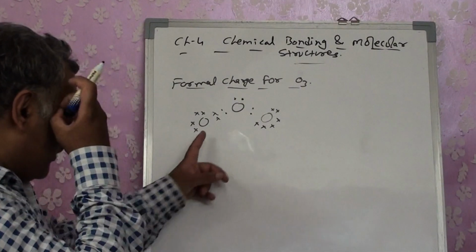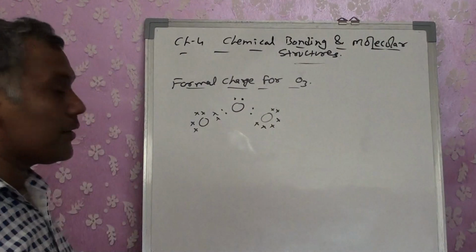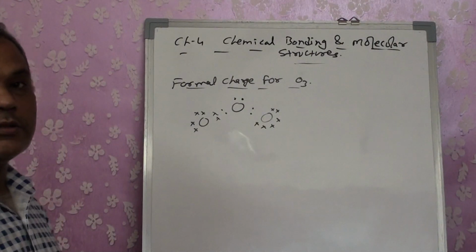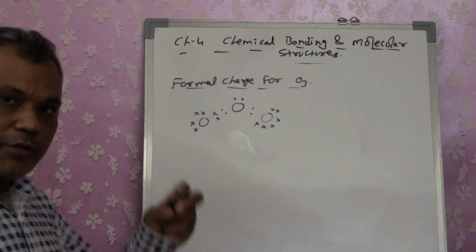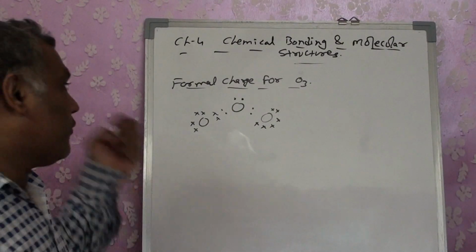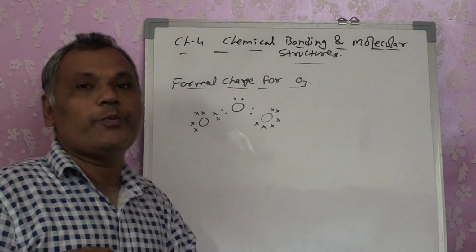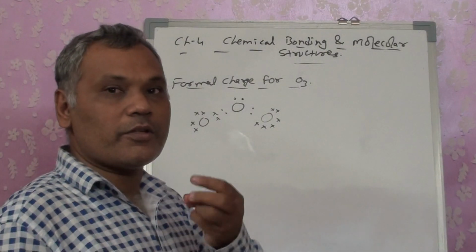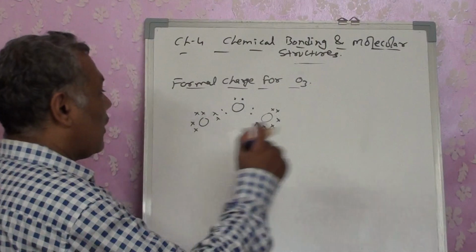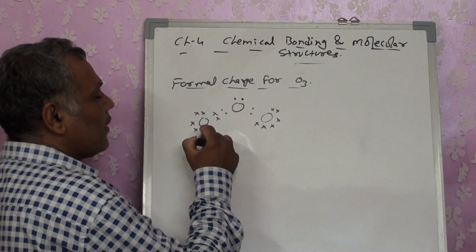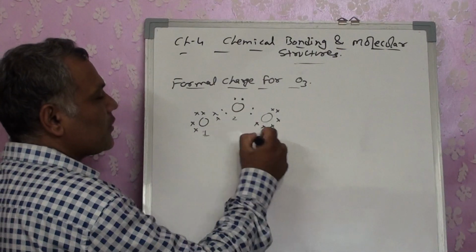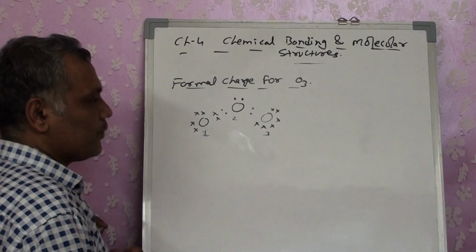Right? So we see 3 different characteristics in the oxygens. Let's check, are all 3 of them the same? If they were the same, the charge should be the same, but we'll find that all 3 of them are different. How? We'll name them. This one is atom number 1, this is 2, this is the third oxygen.